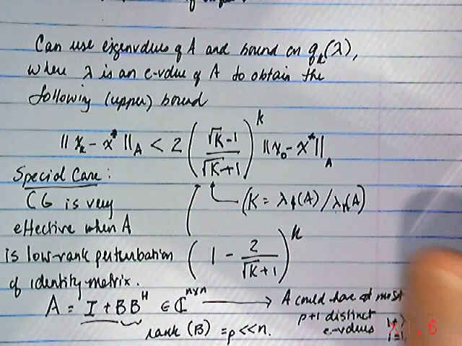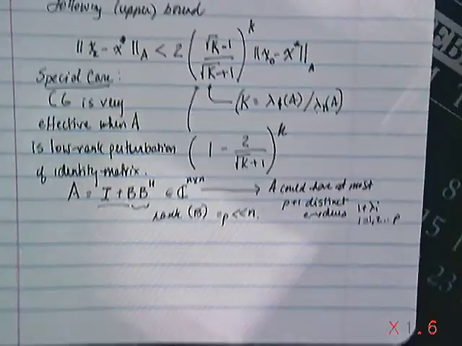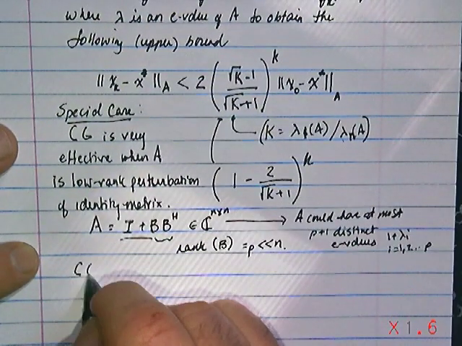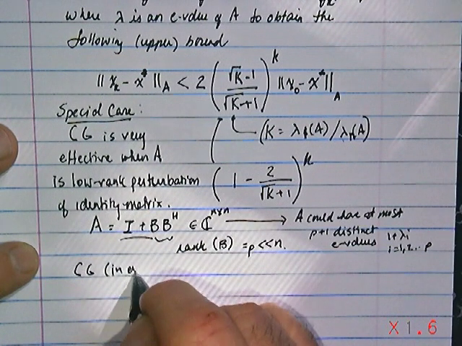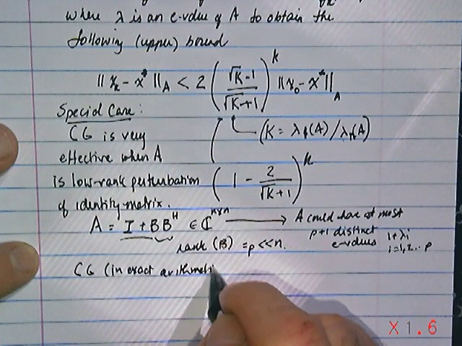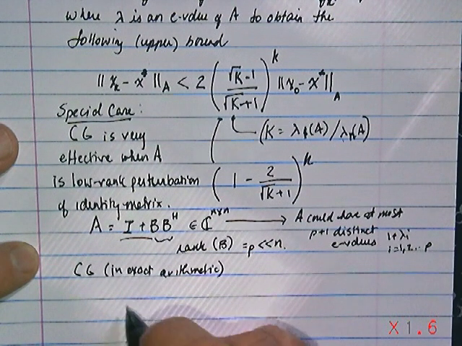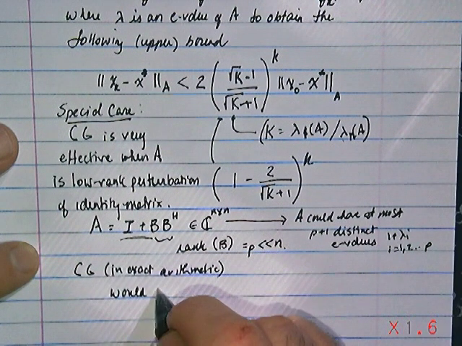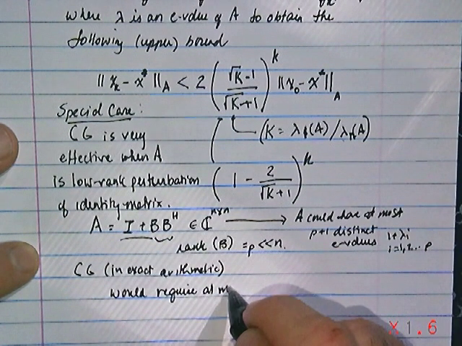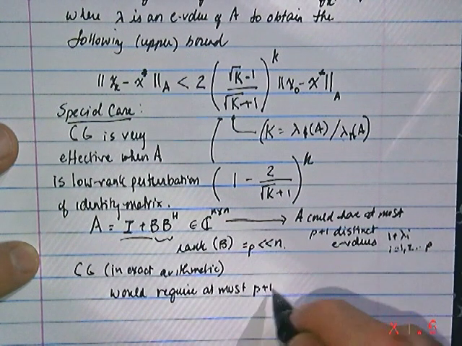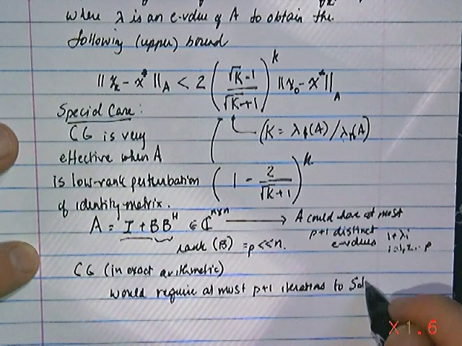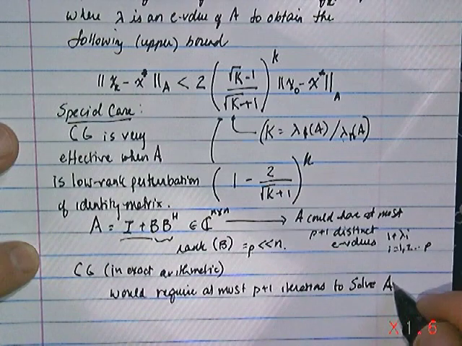So effectively, in summary, in this particular case, what this means is that conjugate gradient in exact arithmetic in such a case would require at most P plus 1 iterations to solve Ax equals b.